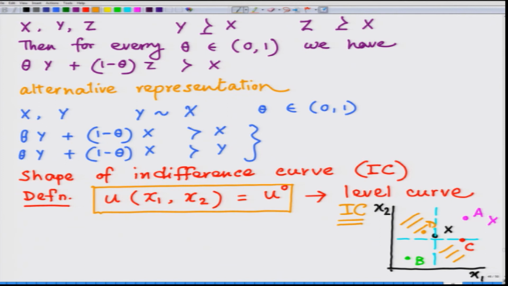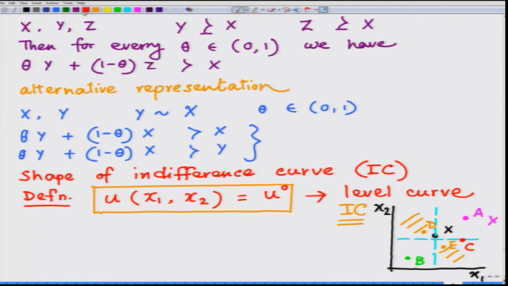Let us name this bundle D. Let us have another bundle here and we name this commodity bundle E. In commodity bundle E, we have more units of commodity 1 compared to bundle x, but we have fewer units of commodity 2. So, we cannot say whether E is preferred over x or not. So, for these bundles D, E and x, we cannot say which one is preferred over the other. So, maybe they are indifferent.